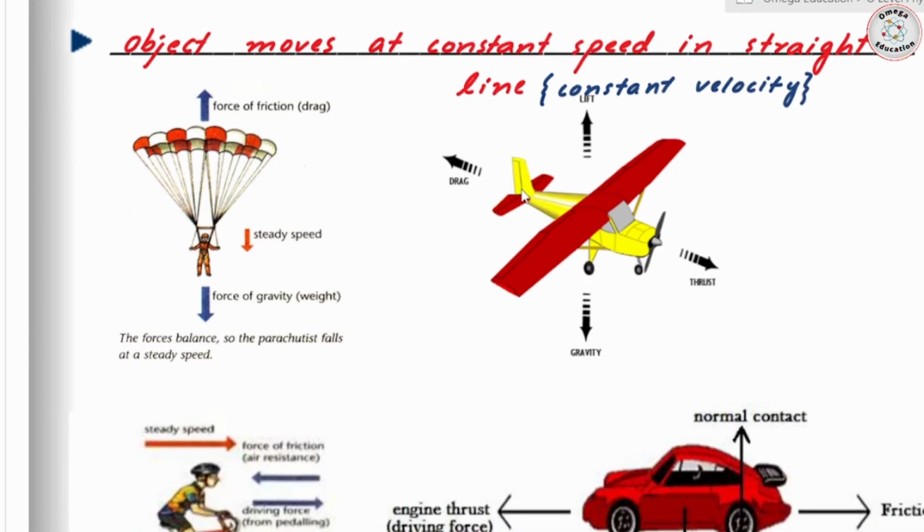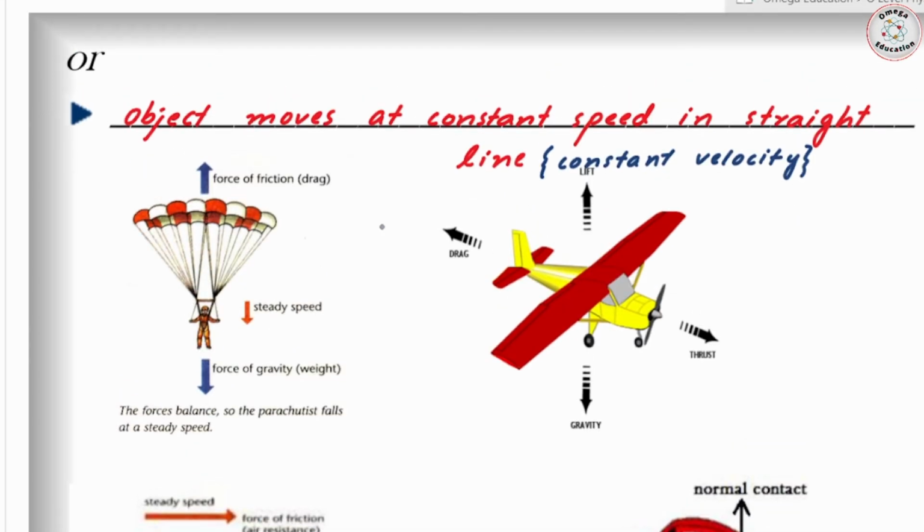Now here are the situations for the balanced forces. The parachutist falling with a steady speed. The weight of the person is downward, and let's use the same one, 500 Newton.